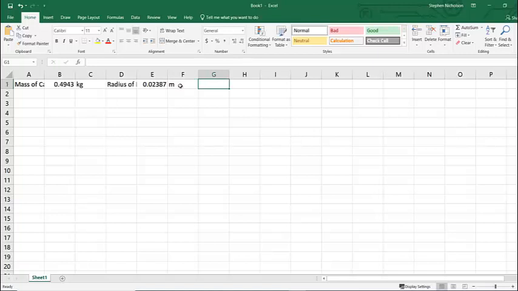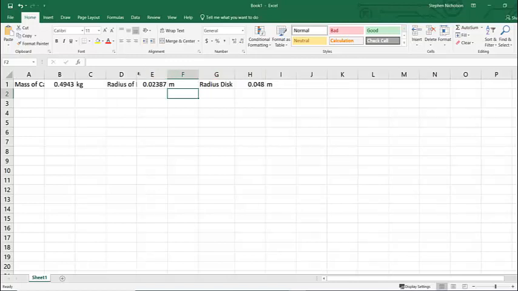We have the radius of the disk. We actually won't need this because we already calculated the moment of inertia, but I'm going to go ahead and put it in here anyway. So the radius is 9.6 centimeters divided by 2 to get the radius, divided by 100. So that's the radius of the disk.